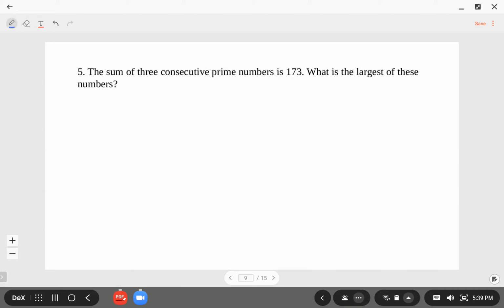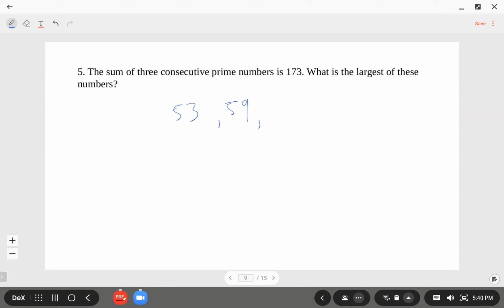So what you need to do is divide by 3 first, and the integer that is closest is what? 57, right? Probably. And what is the closest prime number to that? That is going to be 59. So one of these consecutive prime numbers is going to be 59, and then you look at the consecutive prime number that is lower than it, which is 53.